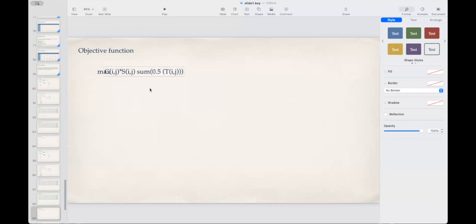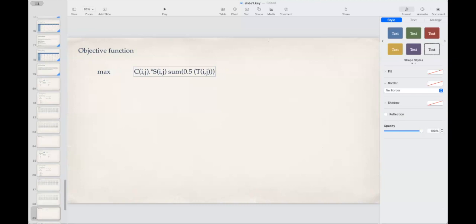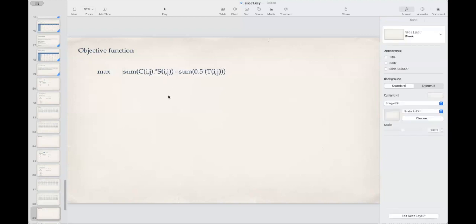Please understand. Okay, the code should be this way, and sum. This one, sum of this and subtract by cost. Got it? You're with me, right?